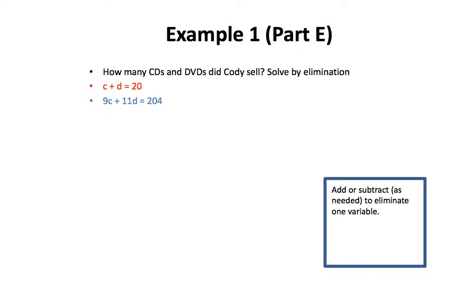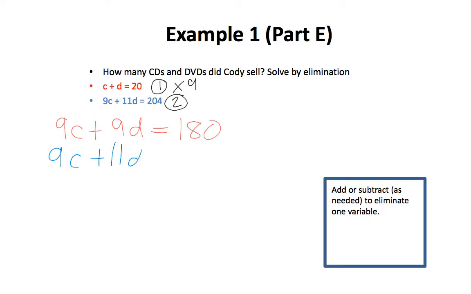As a note to myself, I'm going to call this equation 1, and I've already multiplied this by 9, and that is equation 2. Equation 1, which was multiplied by 9, is 9C plus 9D, which is equal to 180. Meanwhile, the second equation hasn't been changed. It stays exactly the same.